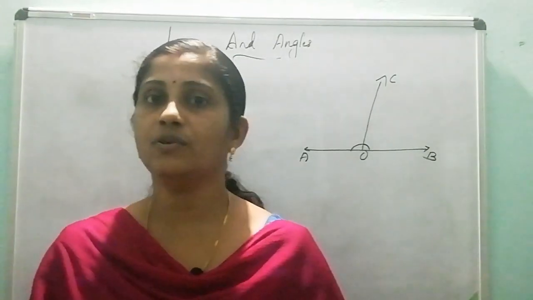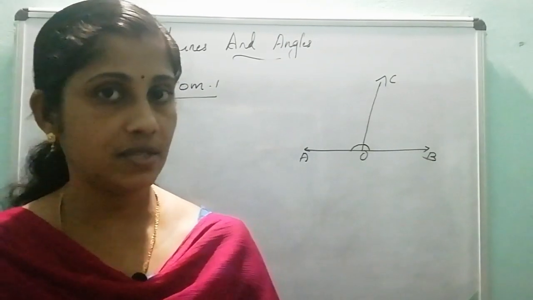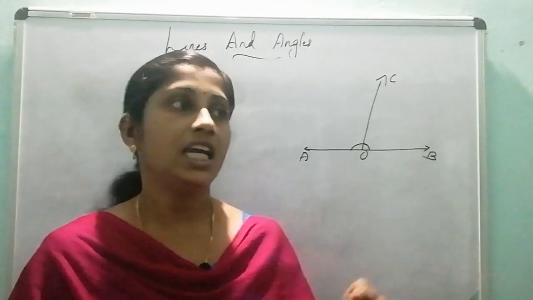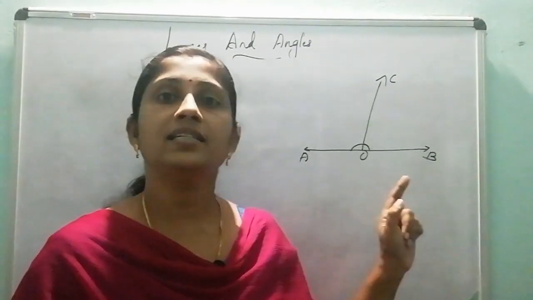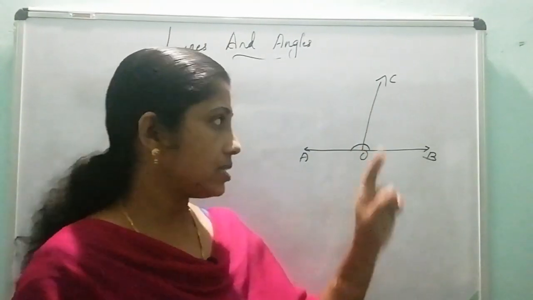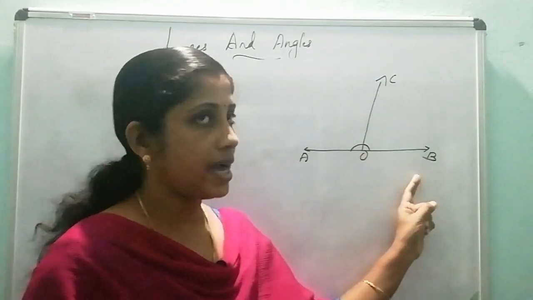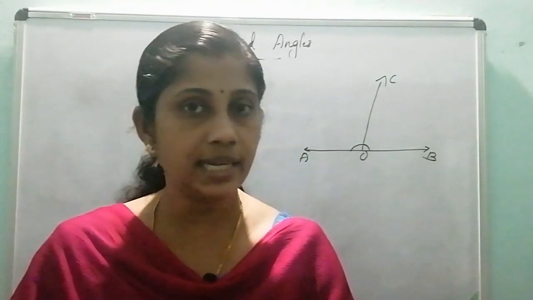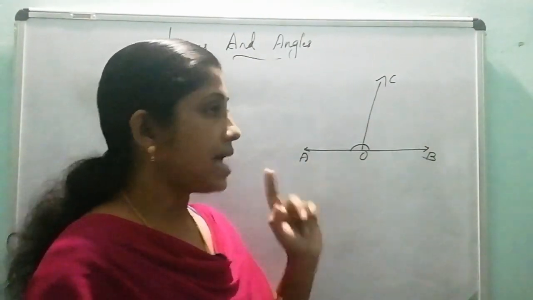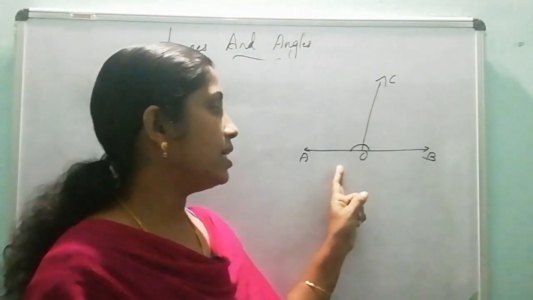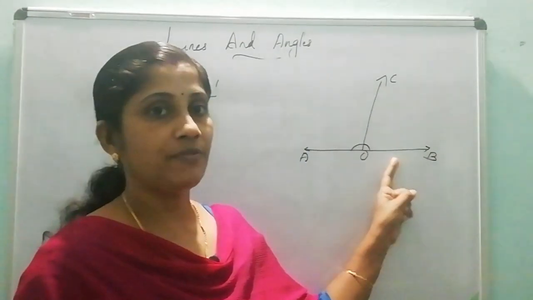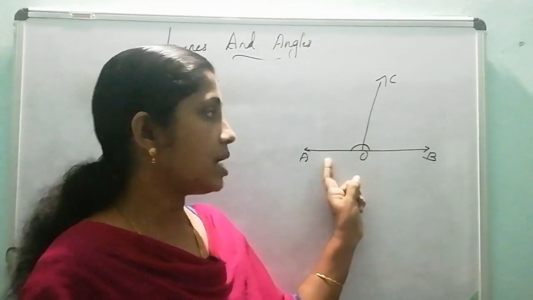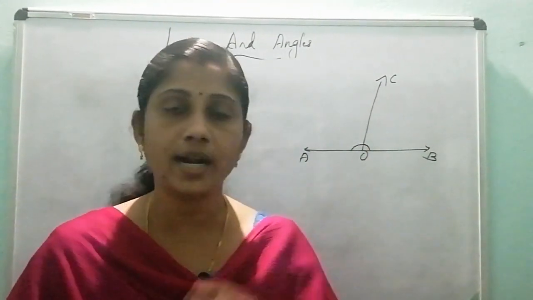From the definition of linear pair angles, we already discussed that if the non-common arms form a line, then the angles are called linear pair angles. And from this axiom, it is clear that if a ray stands on a line, the sum of the two adjacent angles is 180 degrees.